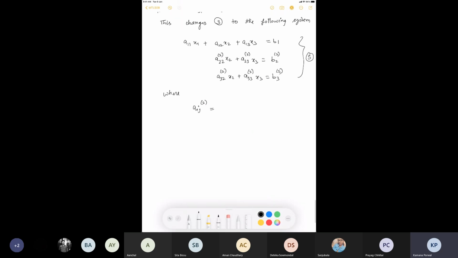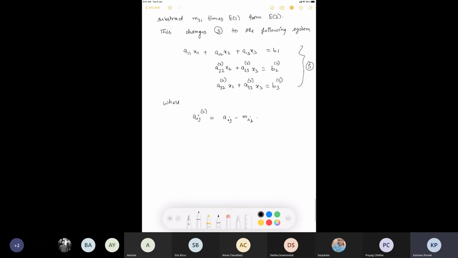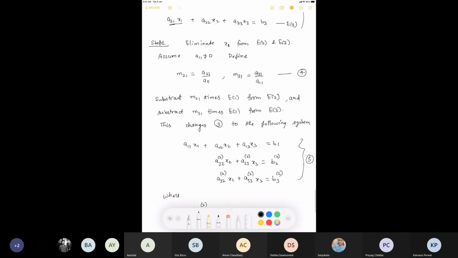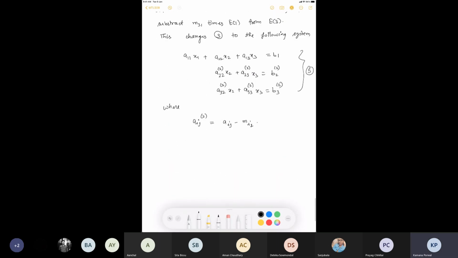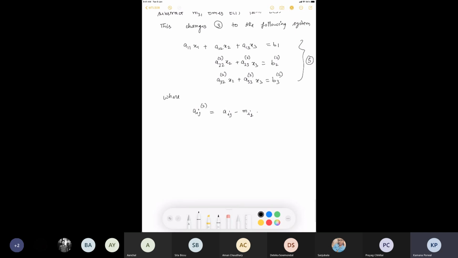So they are going to be Aij minus Mi1 times A1j, and note that this I'm writing for i equal to 2 and j equal to 2 and 3.